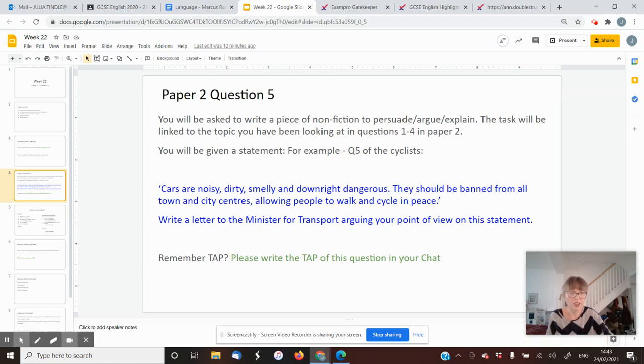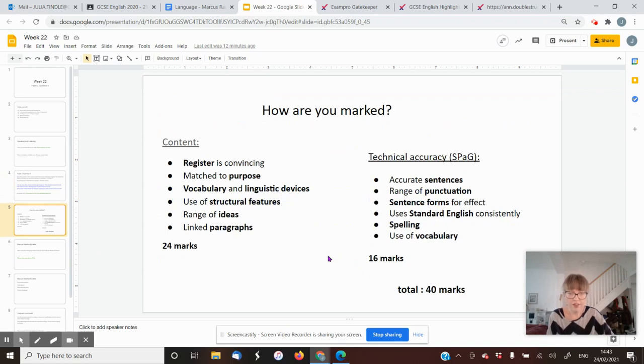Okay, lovely. So how are you marked? Very similar to paper 1, question 5, they're split in the same way for content, what you're writing about, and technical accuracy, which we sometimes called SPAG: spelling, punctuation and grammar. For content, very similar, as you can see. Register is convincing, you've got a good tone.